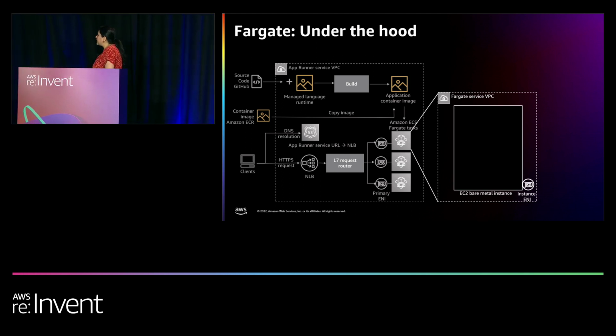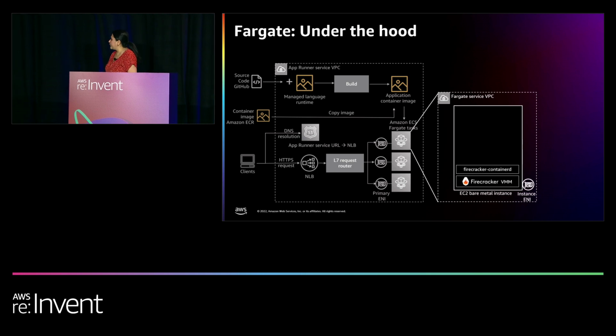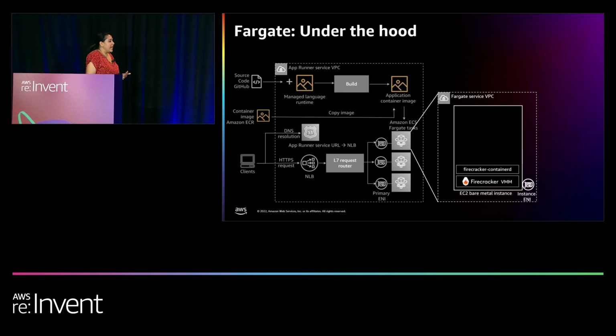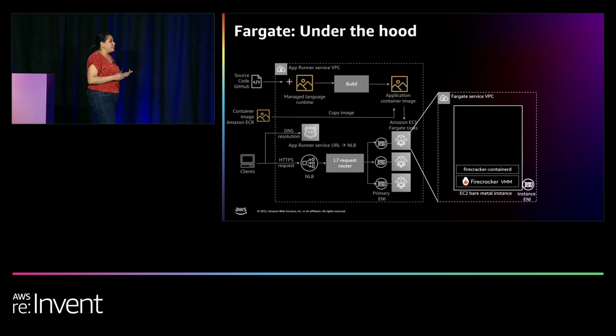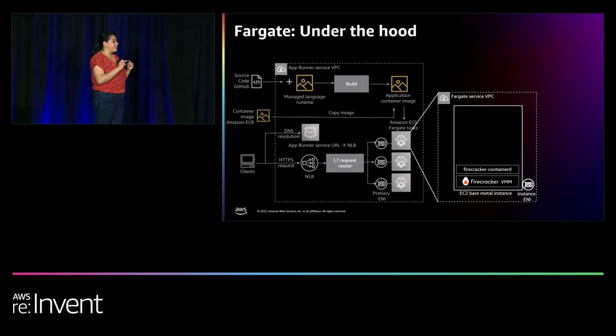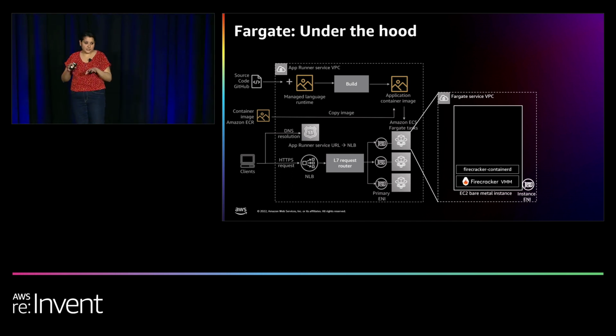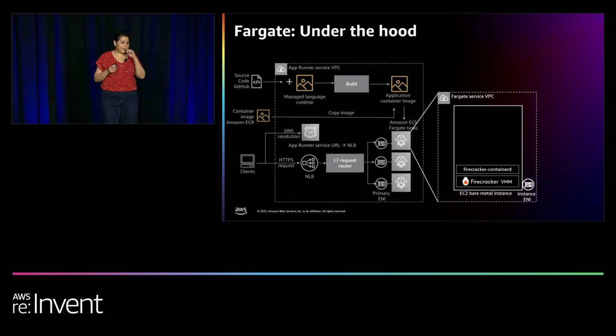Within this instance, like I said, we install the Firecracker VMM, and we install containerd, and we install a piece of glue code between Firecracker and containerd. When we call containerd to launch the container, rather than using traditional C groups and namespaces to spin up the container, it will actually turn around and speak the Firecracker APIs to spin up the container within a micro VM. So that's what that glue code is doing. And then we run our Fargate agent.